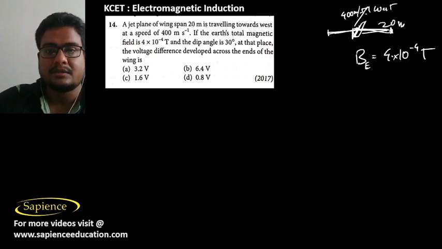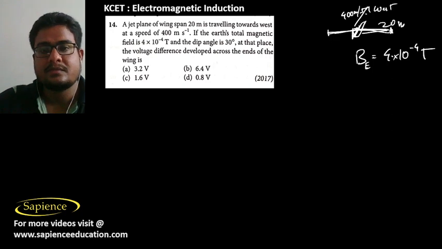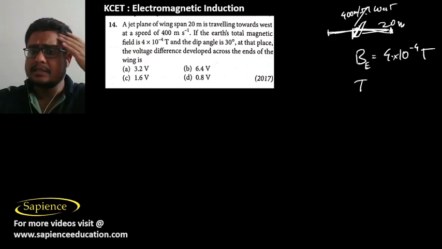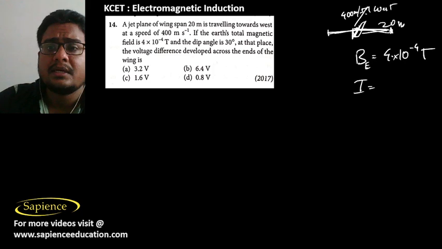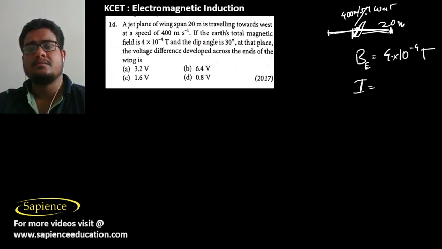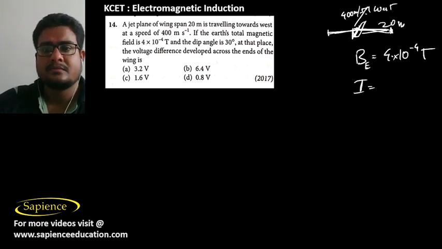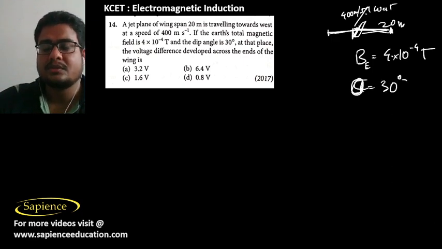The angle of dip, that is I, also called the inclination, is given as 30 degrees. We call it theta also.